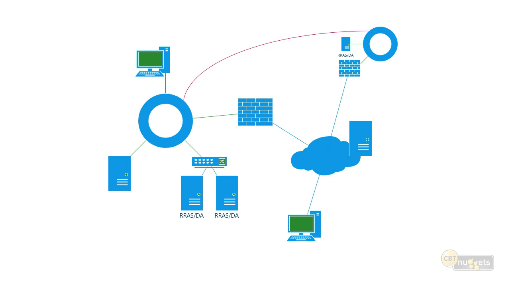So here's the basic layout of this. You've got client computers, they connect to your home network, and they connect to the internet. You've got traveling users, maybe they're off in a hotel room or something else, they hit the internet. Wherever they are, they need to be able to get to their resources, which are located on your network. Now, the way we've traditionally done this is through a virtual private network, and you can still do that.